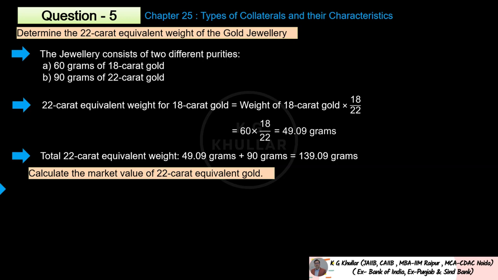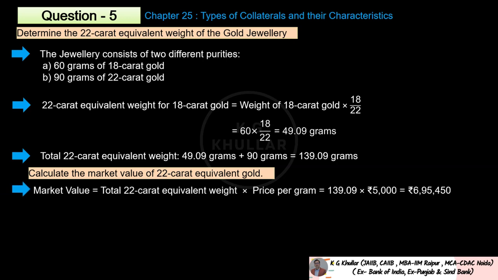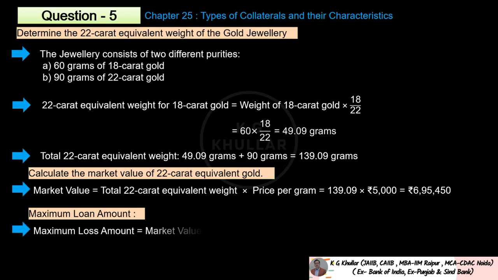Friends, the average price of 22 karat gold for the last 30 days as given in the question is rupees 5,000 per gram. So market value will be simply total 22 karat equivalent weight multiplied by price per gram, which equals 139.09 multiplied by 5,000 equals rupees 6,95,450. I hope the explanation is clear up to here.